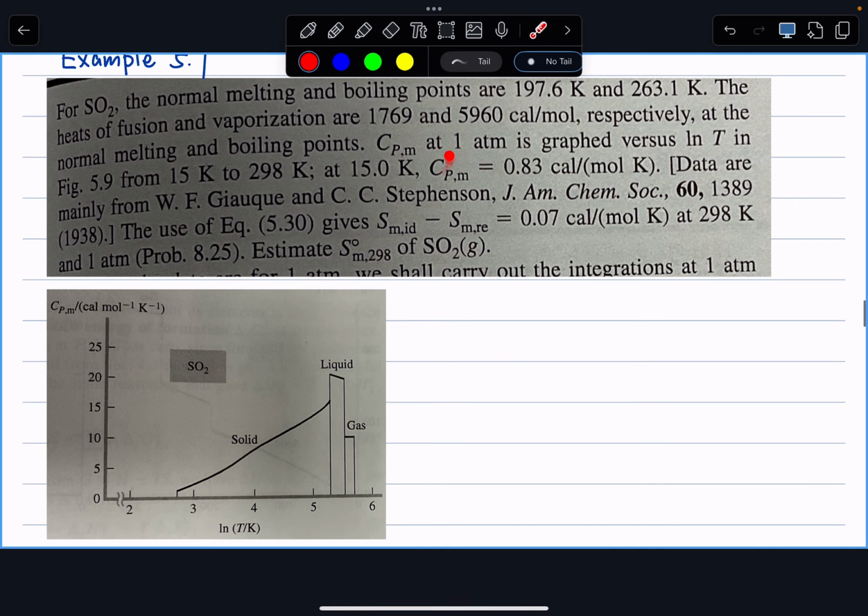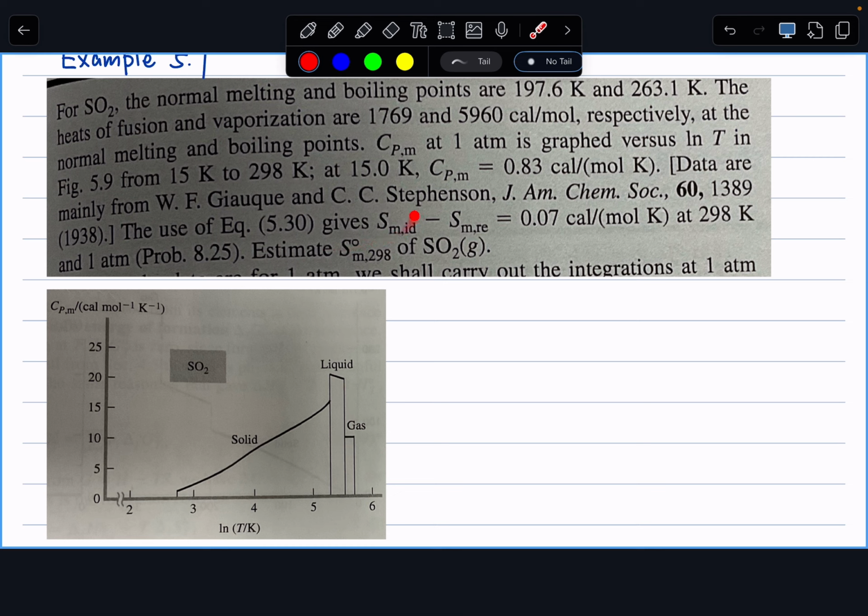At 15 Kelvin, we're giving you that the CPM equals 0.83 calorie per mole per Kelvin, the low temperature CPM we were talking about before. These data were actually coming from a published manuscript from 1938, which is a while ago, but nevertheless, these were actual experiments that scientists did a few decades ago.